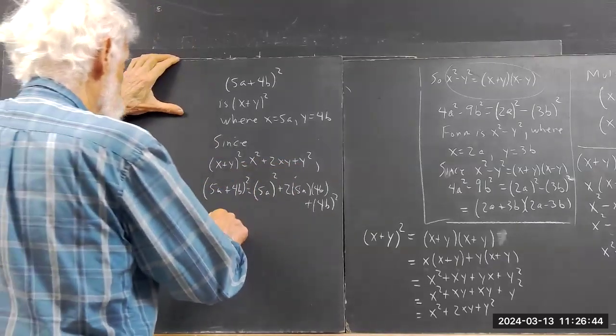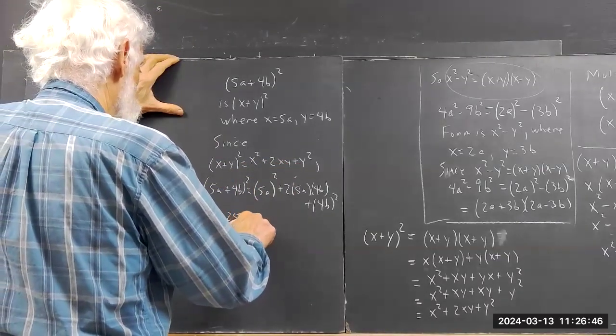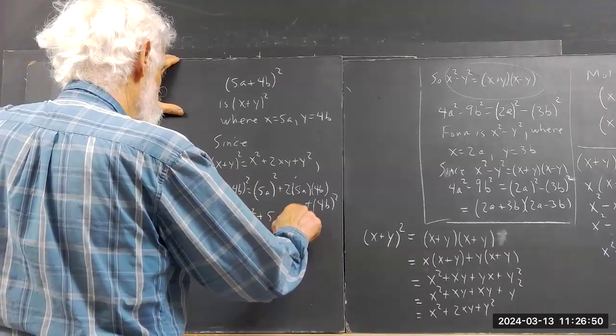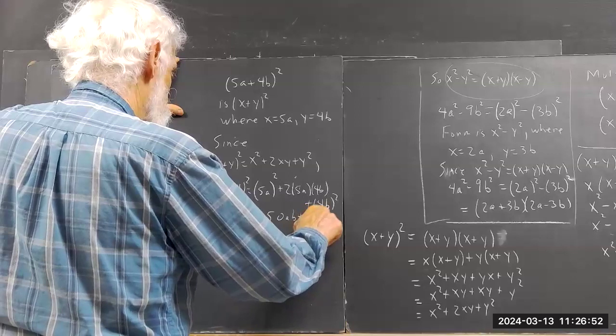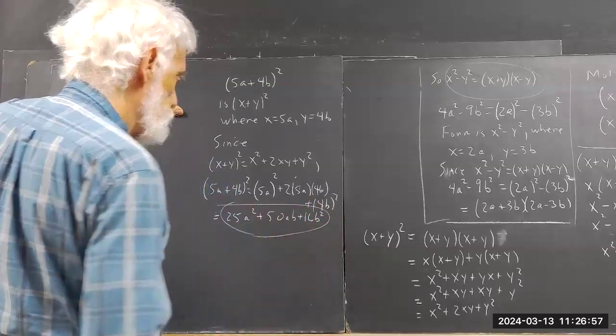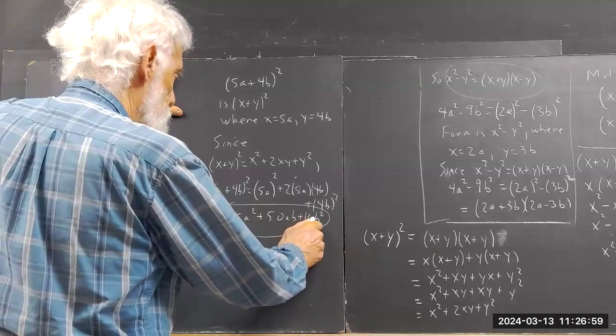And then, of course, we can write this as 25a squared plus 50ab plus 16b squared.